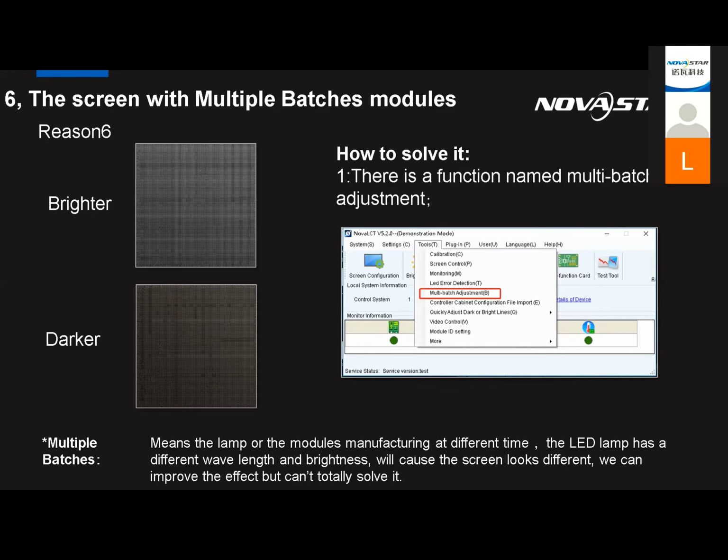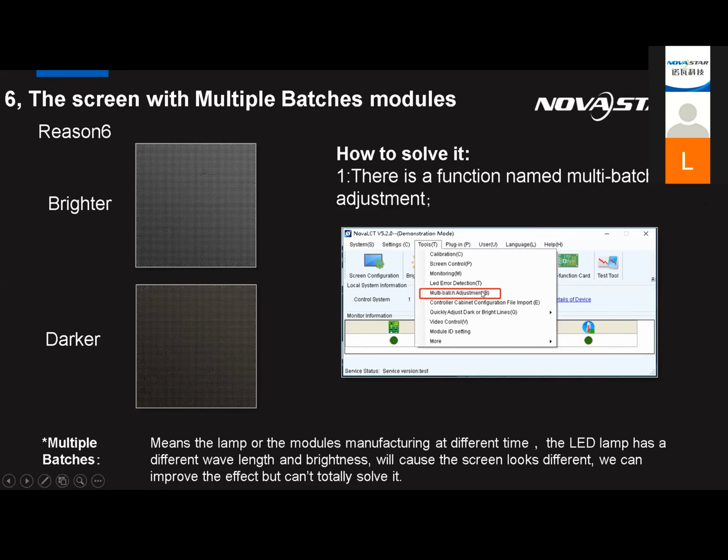So if you have different batches, what you can do is try this tool first to see how much it works. How to use it is explained in the user manual in the NovaLCT software. In Help, if you click Help, a user manual will pop up. You can check how to use this function.